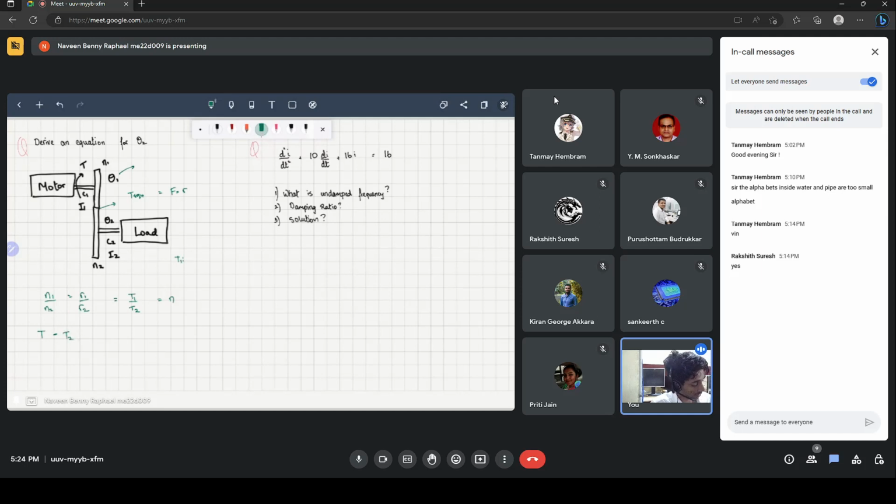We have damping also, so minus C1 theta 1 dot, and that is equal to the inertia I1 times theta 1 double dot.